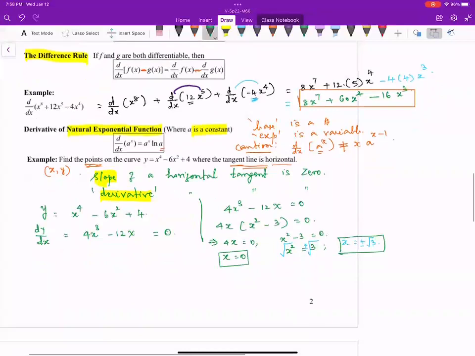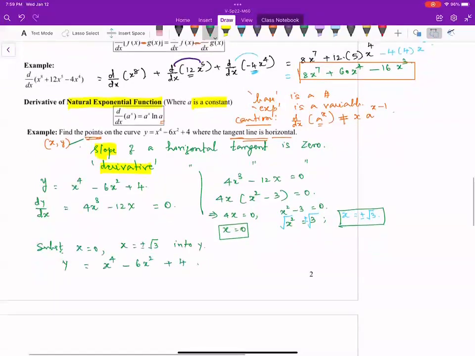The question is asking us to find the points. Points are usually x comma y. If you know the x, we can find the value of y by plugging these values into the original y, right? So substitute x equal to 0 and x equal to plus or minus root of 3 into y. y is given to be x to the power 4 minus 6x squared plus 4.